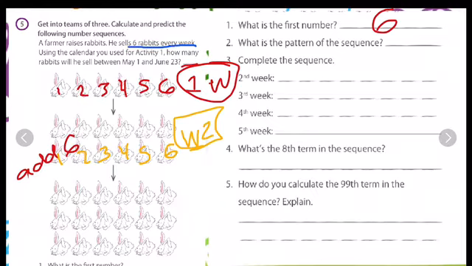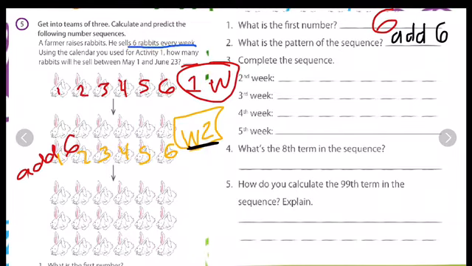What is the pattern of this sequence? Well, I see that on week 2 they have how many? 6 more. What he adds every week, so that means that he only adds 6. Add 6. Okay. Complete the sequence.